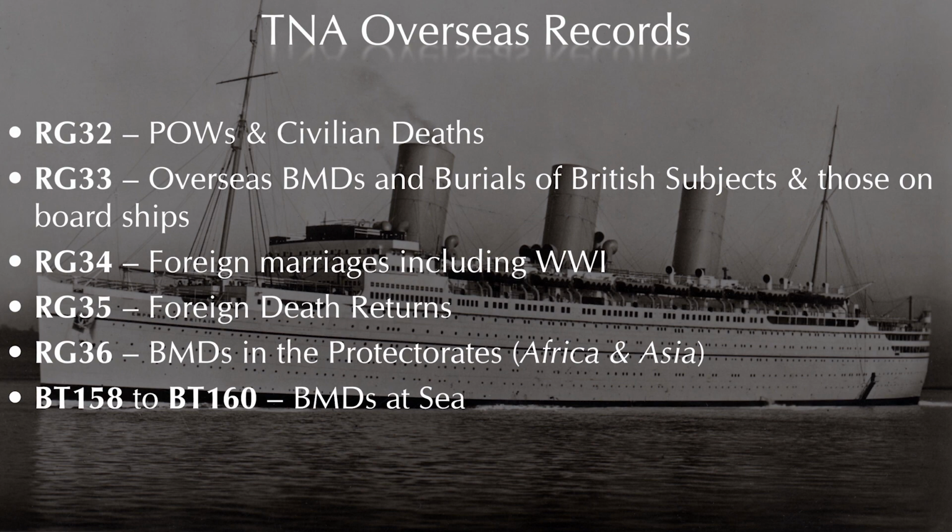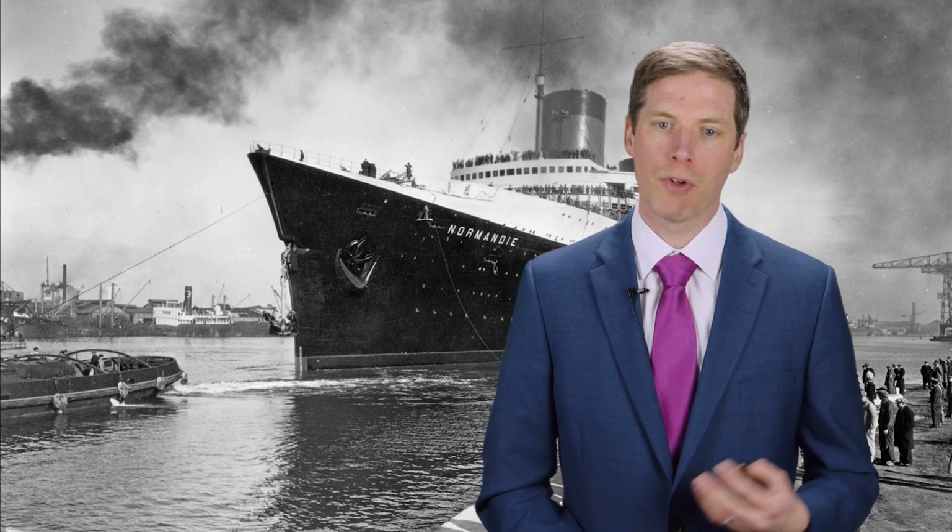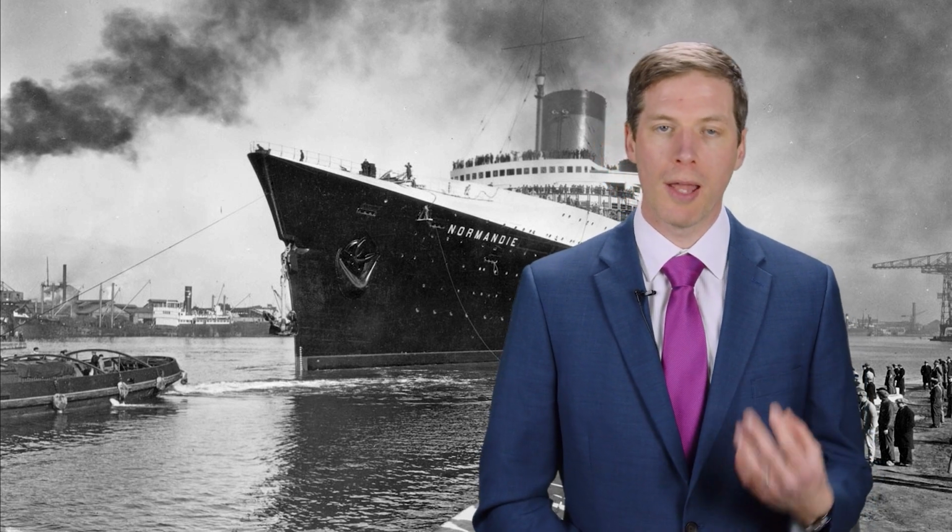If you've exhausted those 2 collections, I'd recommend looking at passenger lists. For example, BT 27 are outgoing passenger lists between 1890 and 1960. There's 24.5 million records to look through there. Now, I recommend passenger lists because an ancestor may have travelled abroad and had a baby in another country and registered it within their record collections, rather than going to the British Consulate or the High Commission and registering there.